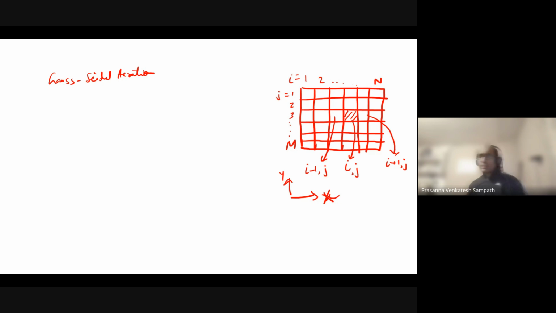In any case, we'll discuss it in the next class. We'll work out this Gauss-Seidel iteration method. I have an Excel file that illustrates the difference between the Jacobi iteration and the Gauss-Seidel iteration also. I'll show that again in the next class, which will help us understand how these two methods are different from each other and which one is better in different circumstances. Okay, I'll stop for now.